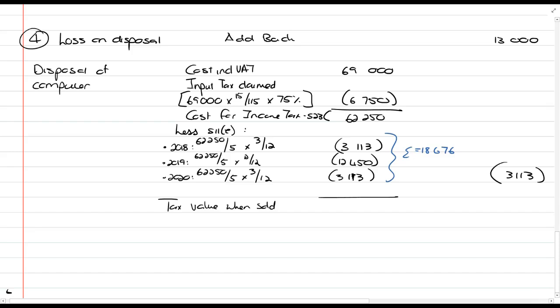So that means the tax value when sold is 43,574, right? Then our selling price limited to the original cost.